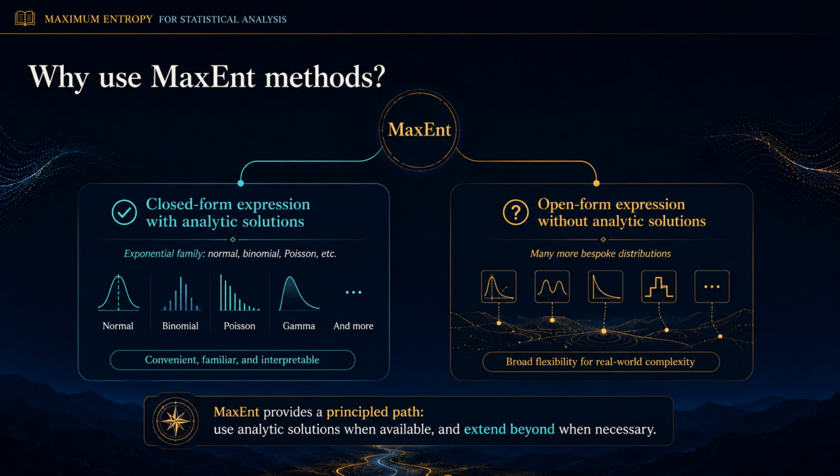Now, there's nothing wrong with these methods. They're incredibly useful and incredibly powerful, and they have carried statistics for 100 or more years. But they were all developed before modern computing power. And so these special cases, again, special meaning that they have closed form expressions with analytical solutions, do not represent all of MaxEnt probability distributions.